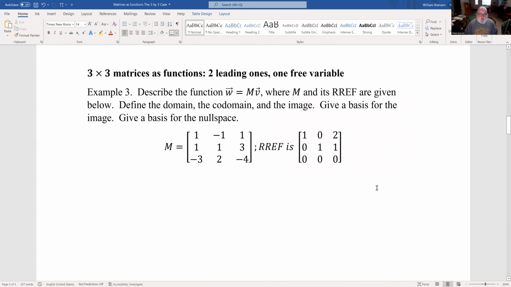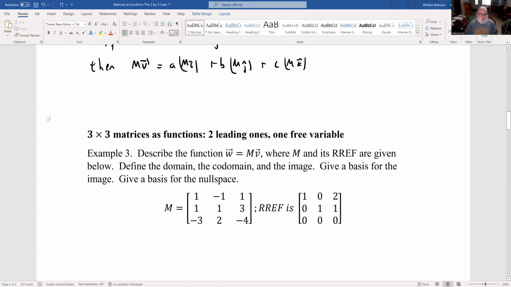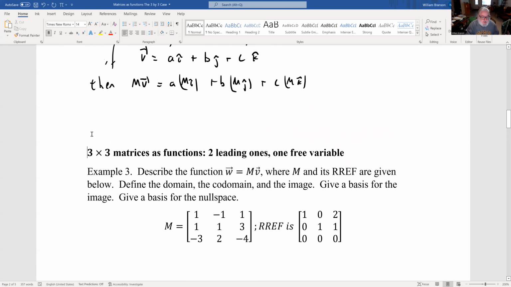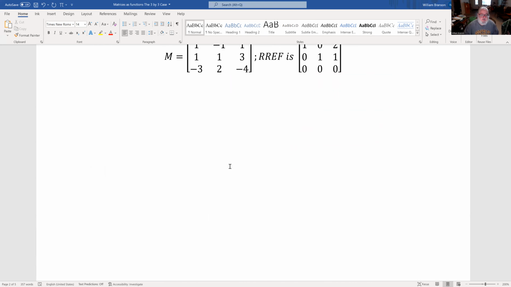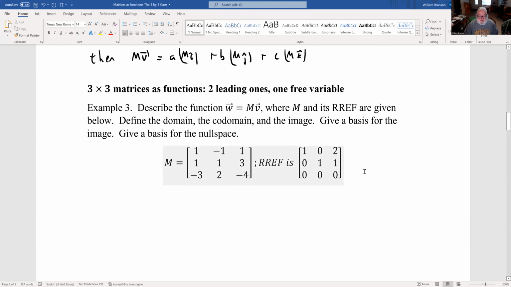So what about, we have two leading ones and one free variable. Maybe I'll give myself a little space by pushing this up a tad, and then I need to push that back down. So here's the reduced row echelon form.